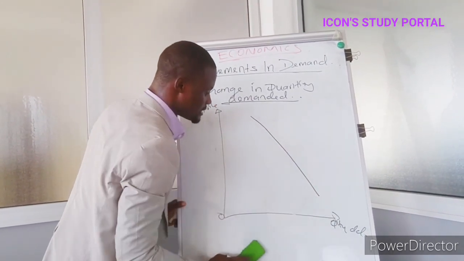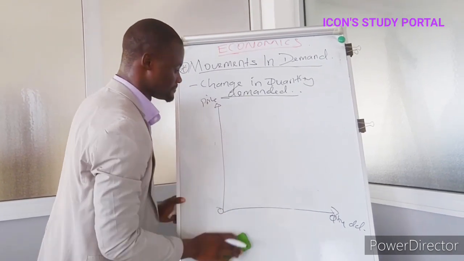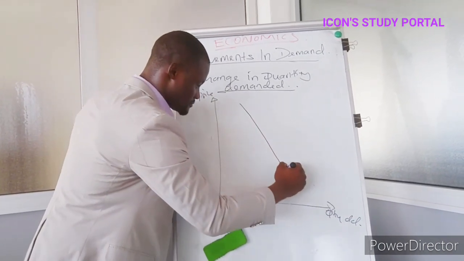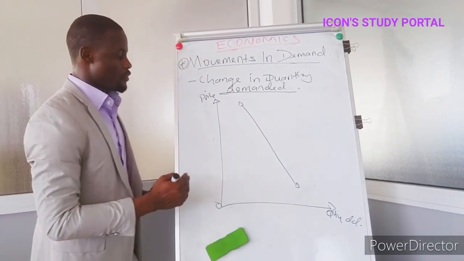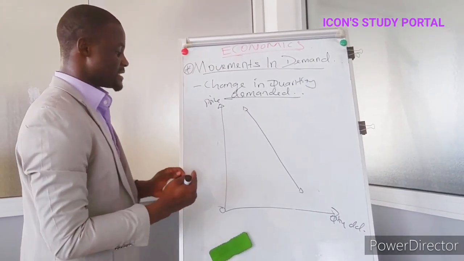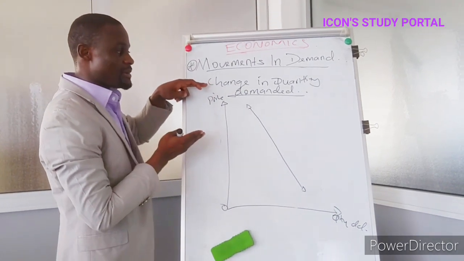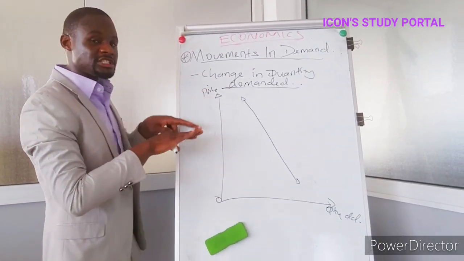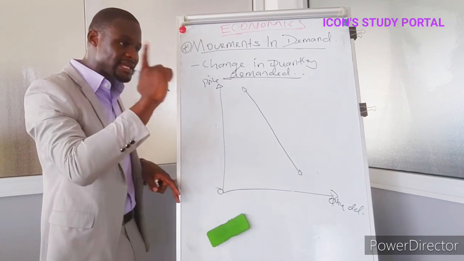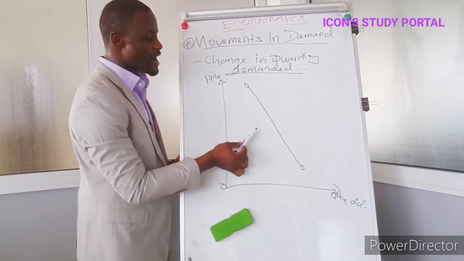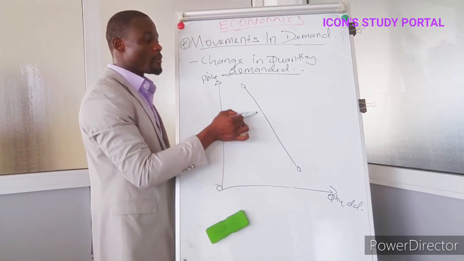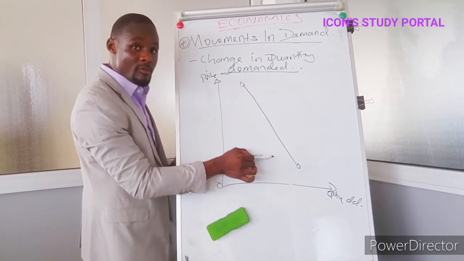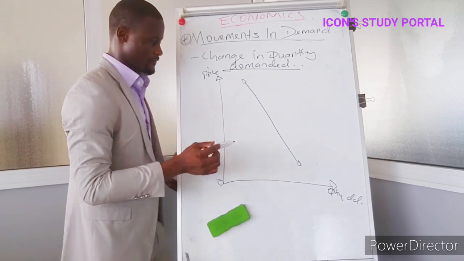We say that a change in quantity demanded is the upward or downward movement of the same demand curve. Meaning that we are going to have just this original demand curve, but we are going to realize an upward or a downward movement along it.